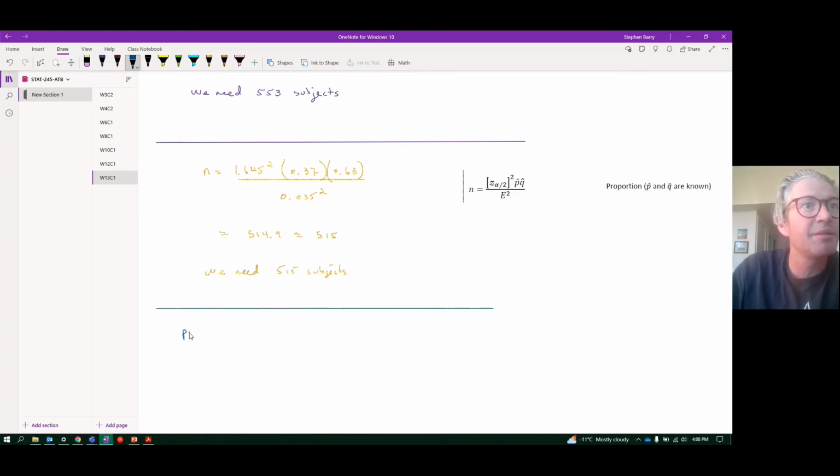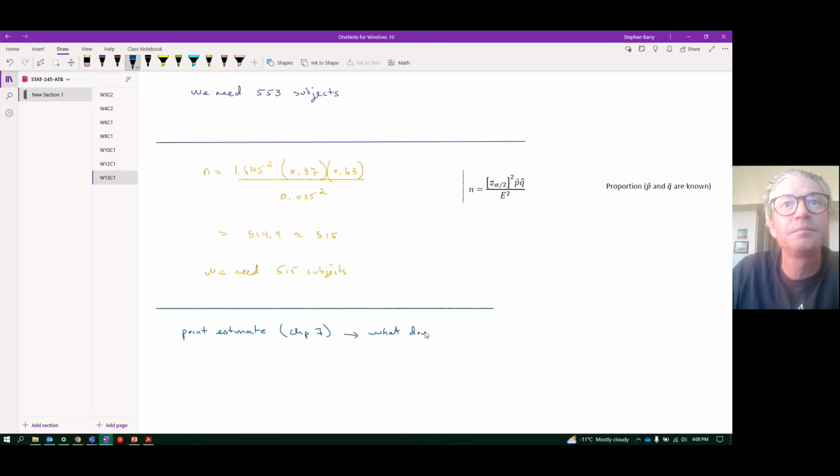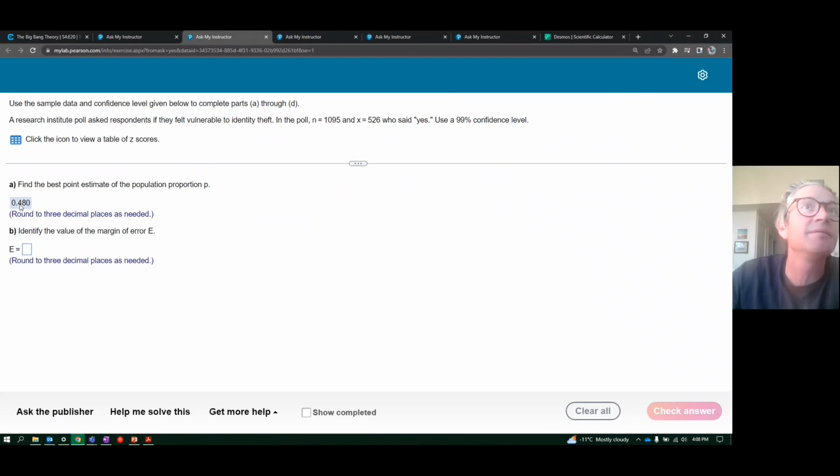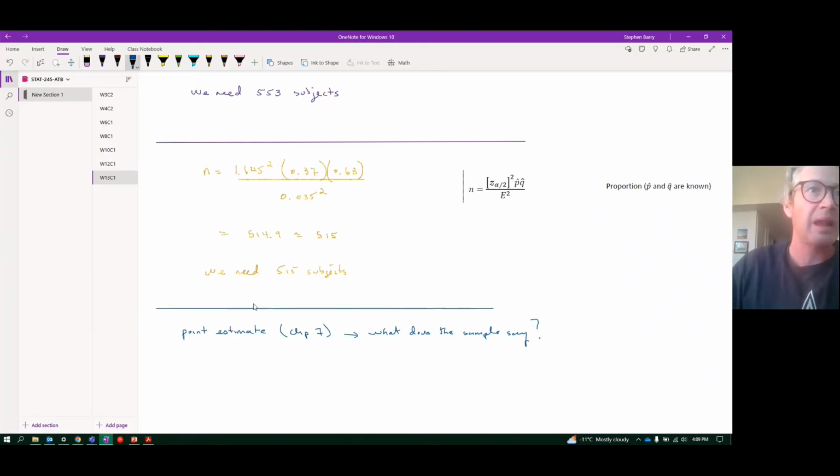So the point estimate is always, so this is something from chapter 7, whether it's means or proportions, always indicates what does the sample say. So in this case, you got it right, because that's going to be 526 divided by the sample size. Right, the point estimate in this case is going to be x over n.